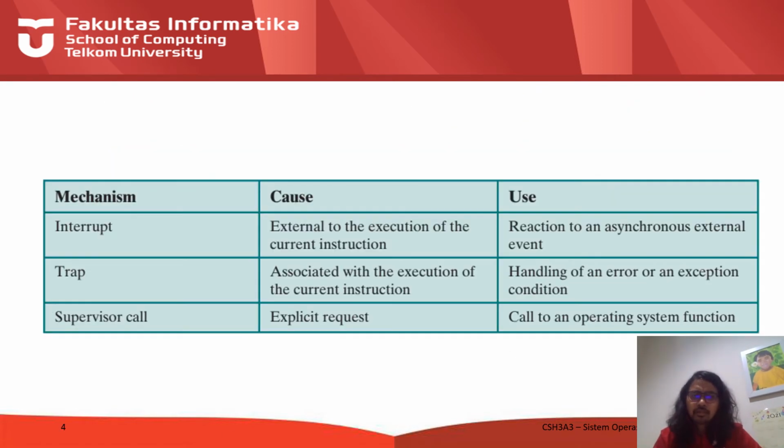So from the previous slide, we can conclude that switching is caused by interrupt. Besides interrupt, there is something else called trap. What is the difference between interrupt and trap? Here is a table that explains the difference.